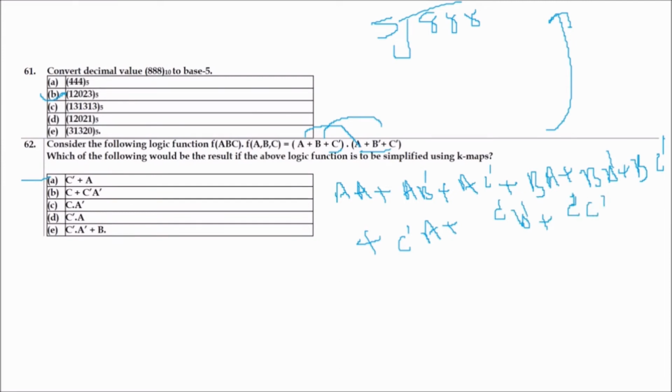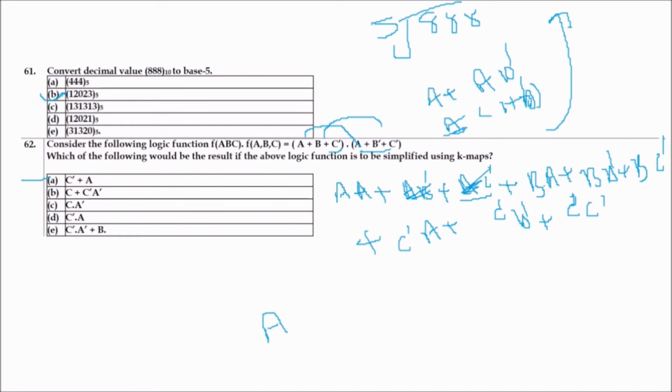Okay. Now A·A is A. When I combine A with AB', that is A plus AB', I take A common. This will be 1 plus B', and by the absorption law, what will it be? It will be A only. So this will be removed. Again, I'll do the same with this. We have A and AC', so I take A common, 1 plus C' will be 1, so A will be found.